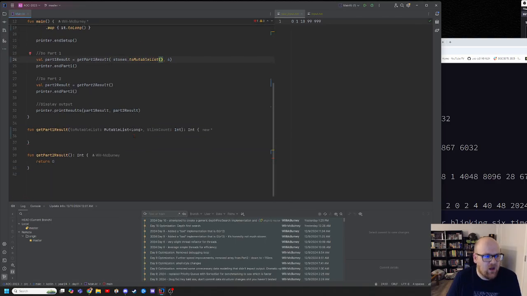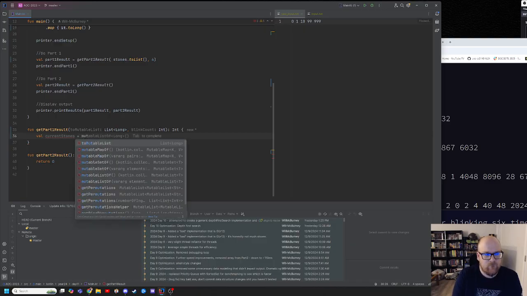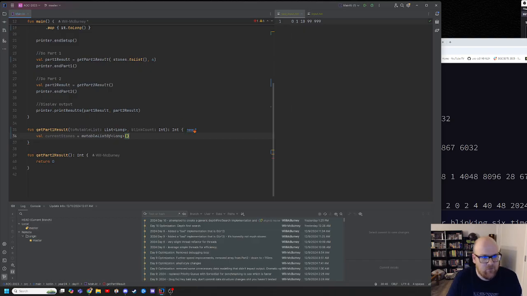Okay, so we're making a copy, and then it's actually just going to be 2 lists. And then we're going to do val current stones equals list of long.